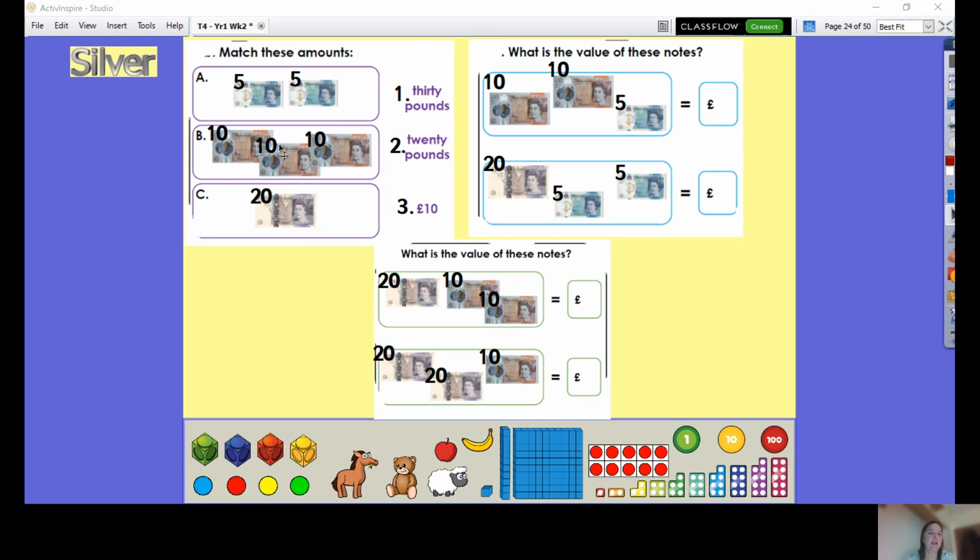So we've got 5 and 5, 10, 10, 10, and we've got 20. Over here you need to work out what the value is. So we've got 10, 10 and 5. You've got 20, add 5, add 5. What is that? And then here we've got 20, add 10, add 10. What is that? 20, add 20, add 10, and work out what that is.